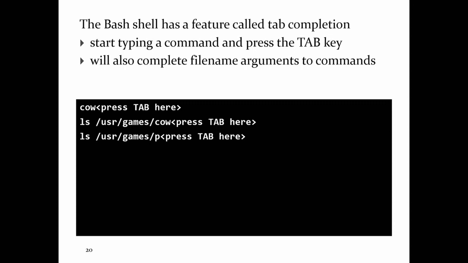Bash has a feature called tab completion. I mentioned this briefly in the last lecture. If you type in the first few characters of a command and press tab, Bash will try to auto-complete the name of that command. For example, if I type in cow and then press tab, mine doesn't do anything.